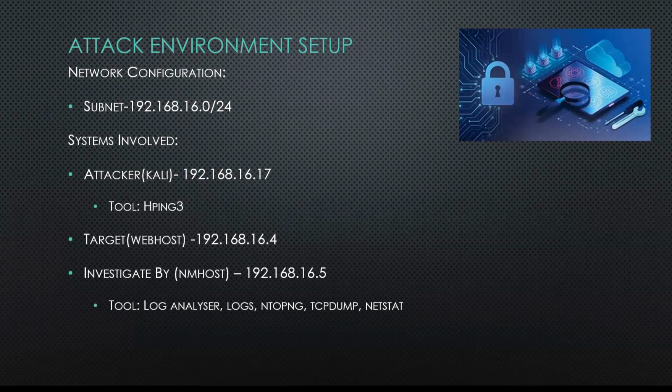There was another VM, and the IP was 192.168.16.5. This was used to inspect logs and monitor the network. All the VMs were on the same virtual network, allowing full visibility of the traffic.